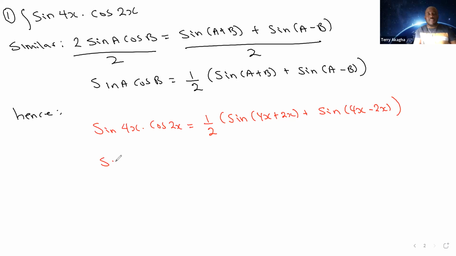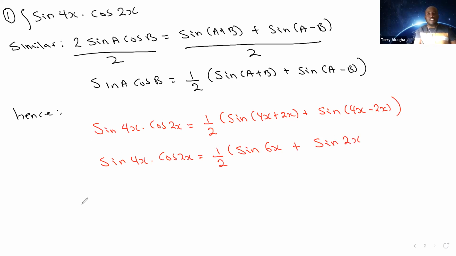Then it's going to give me sine 4x cos 2x equal to 1 over 2 times sine 6x plus sine 2x.